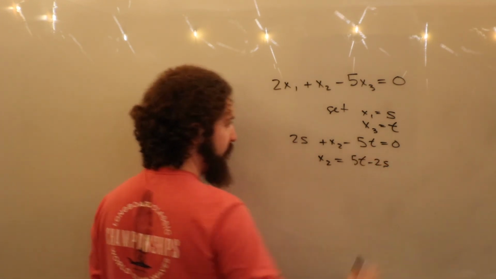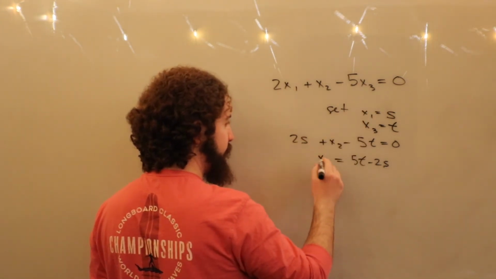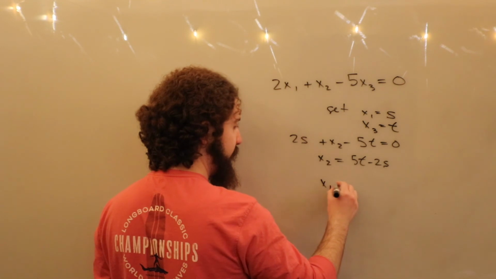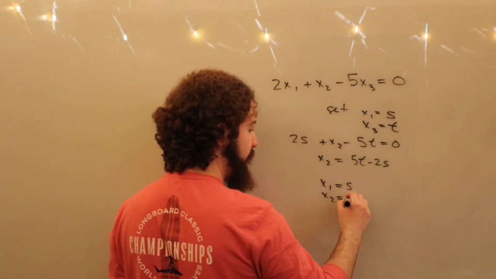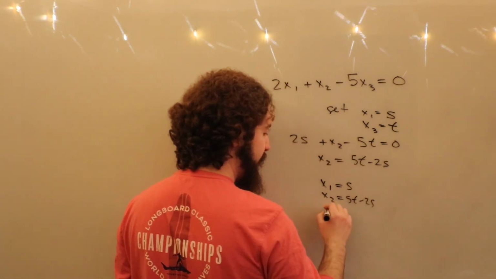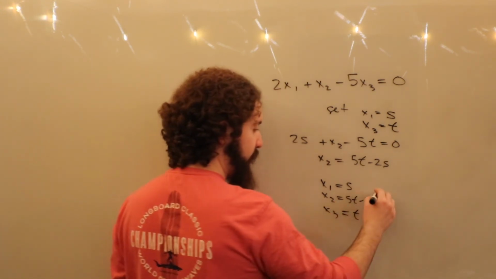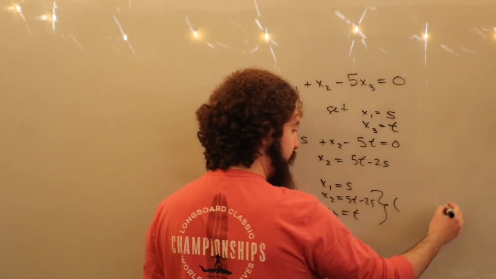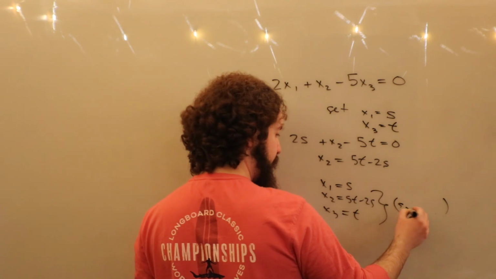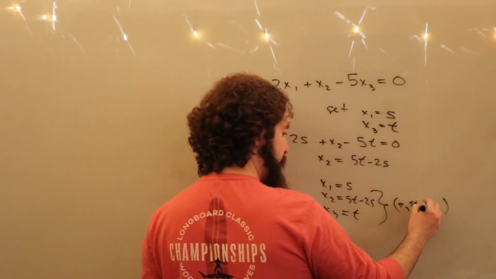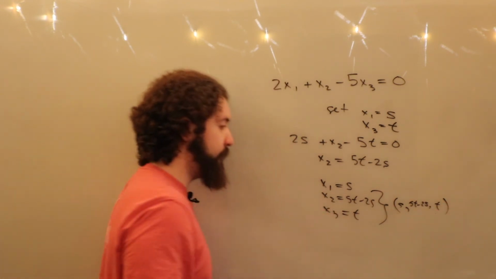Now if we line all these up together, we have x1 is equal to s, x2 is equal to 5t minus 2s, and x3 is equal to t, which again we could write as a coordinate triple this time as (s, 5t minus 2s, t).